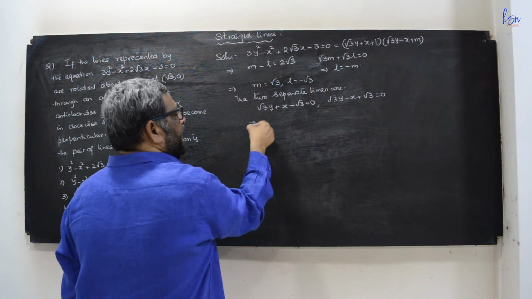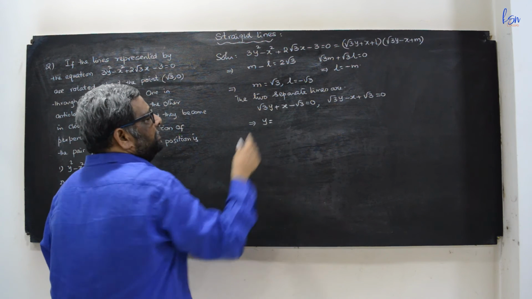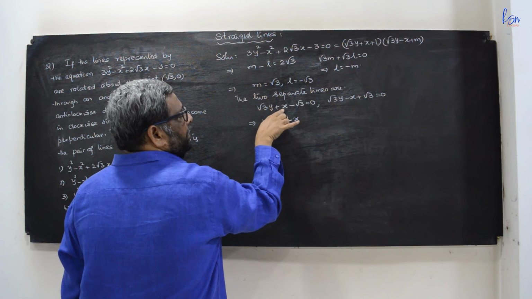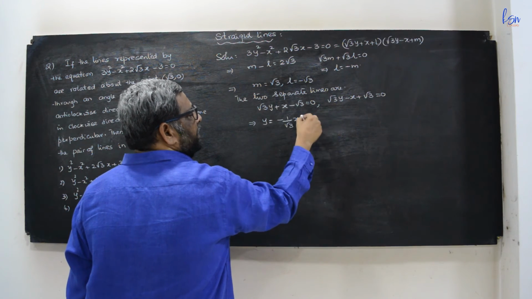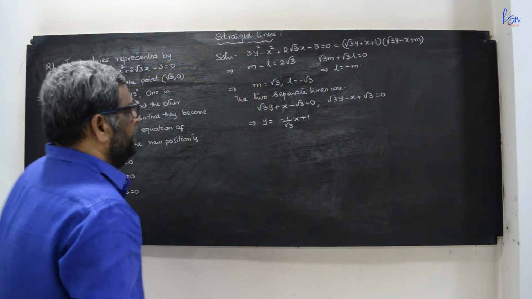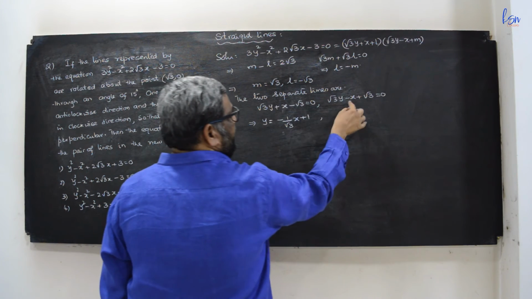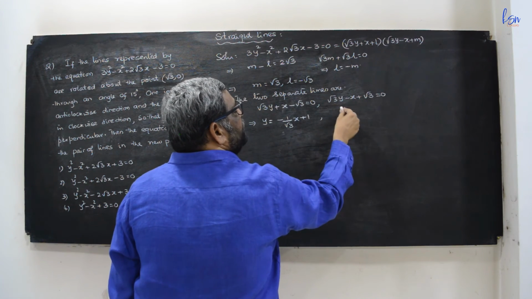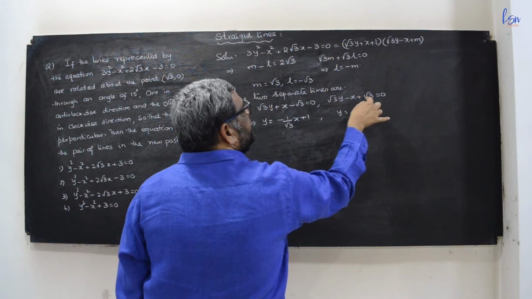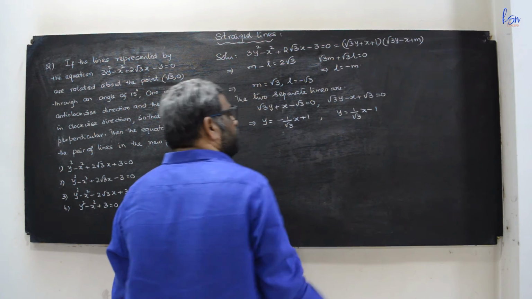These lines can be written as y equal to minus 1 by root 3 into x, and if you take minus x, this is plus root 3 plus 1. So this is the one line, and this line is root 3y equal to x minus root 3, y equal to 1 by root 3 into x. This is minus root 3 means minus 1.